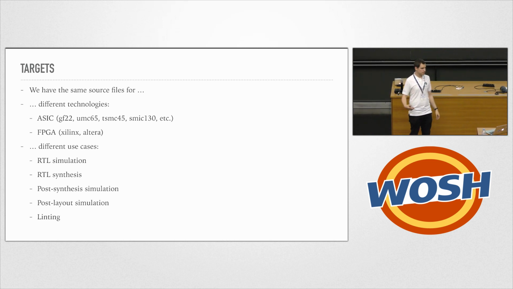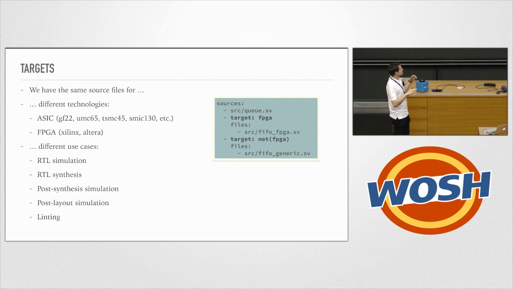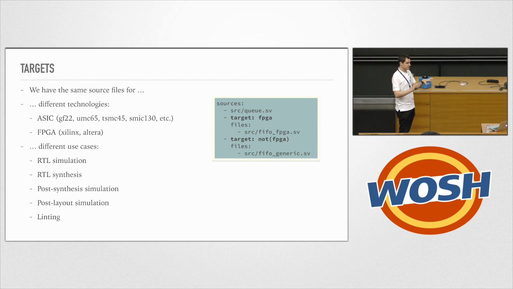You want to do simulation of post-synthesis netlists, post-layout netlists, linting, etc. So you have a huge number of use cases and different needs that your source file set has to fit. And this is where targets come in.